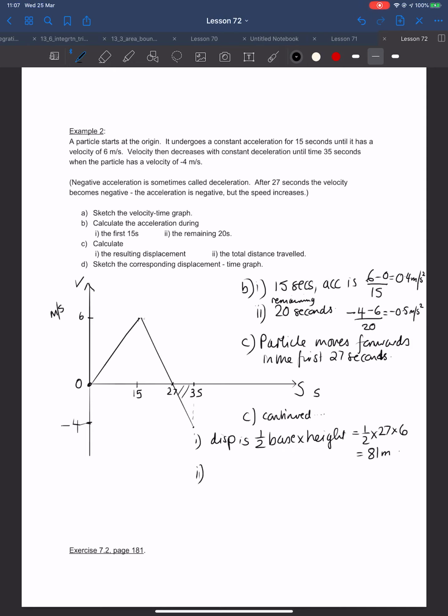This second triangle here, this area is the displacement when the particle starts returning to itself.